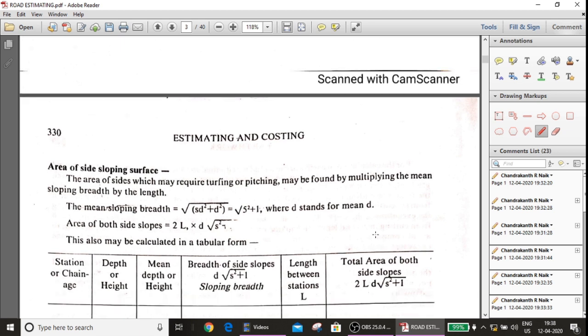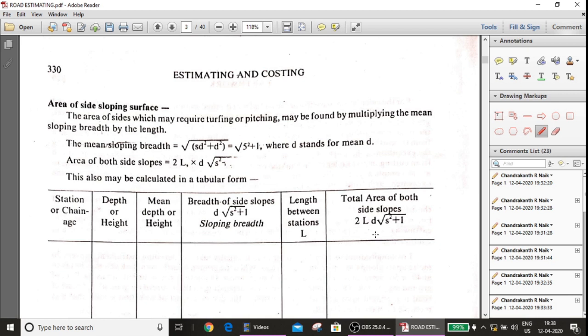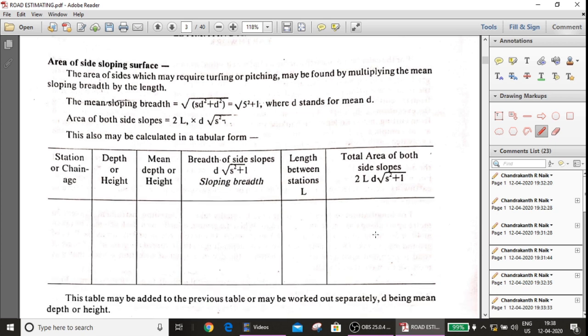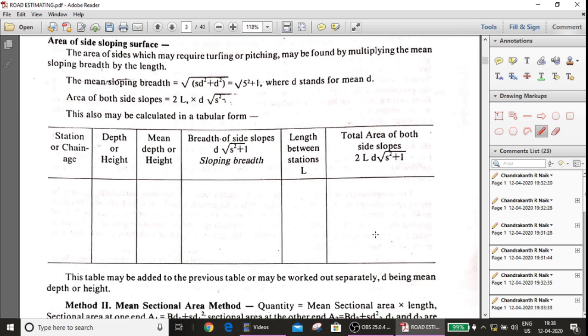So if the area of the side sloping surface requires turfing or pitching, what we have to do? We have to calculate it in a different estimating form. Okay. So why is this pitching done? To maintain the slope. Here we come across two types of formula: the mean sloping breadth and the area of breadth of side slopes.